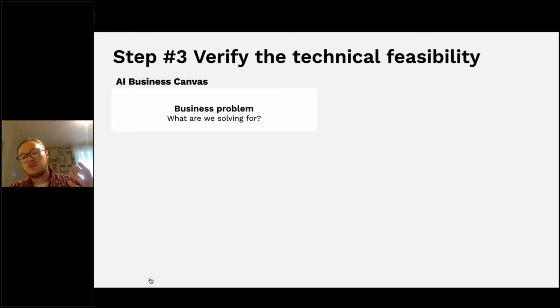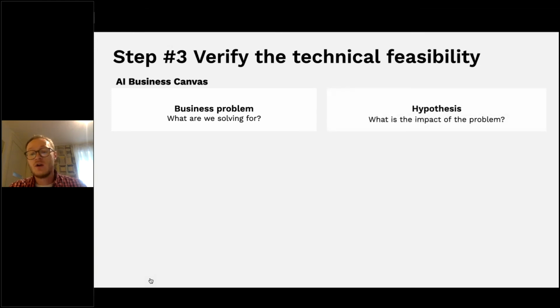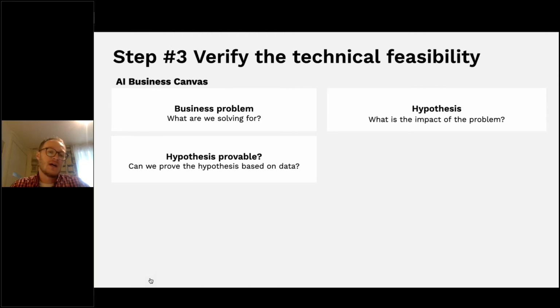So again, we usually start with the business problem, trying to answer the question: what is it that we're solving for? We're usually making some hypothesis of, if we solve that particular problem, what does it mean from the business impact perspective? Once we have that, can data actually help us prove that hypothesis, right?